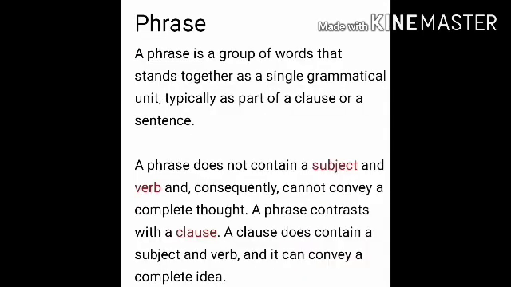You can write this definition in your notebook under the heading phrase, and write down what exactly a phrase is, whether it has a subject or a verb in it, and why it does not have a subject and verb combination. Try to find more and more examples, fill your copy and send it to me. I'll check whether you are on the right track or not.